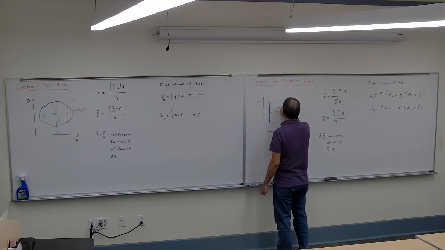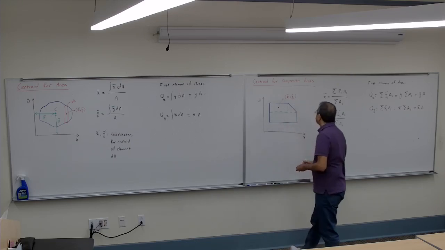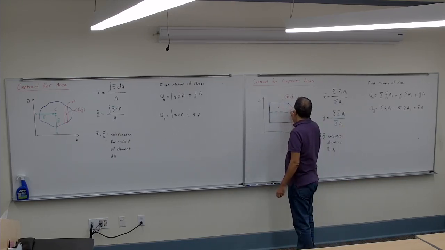You see, it's going to be x tilde 1 and y tilde 1. So you have one for here, you have one somewhere here, you have one somewhere here.